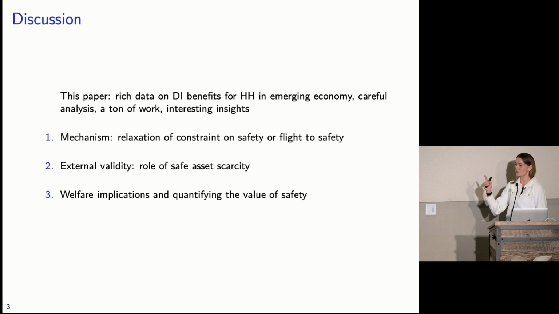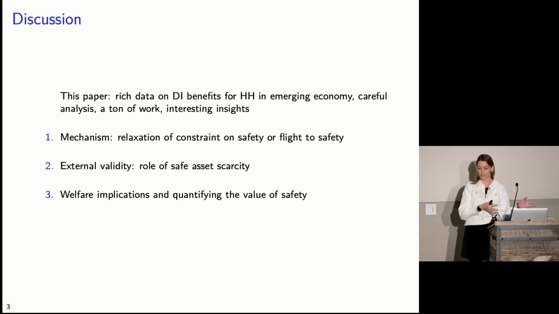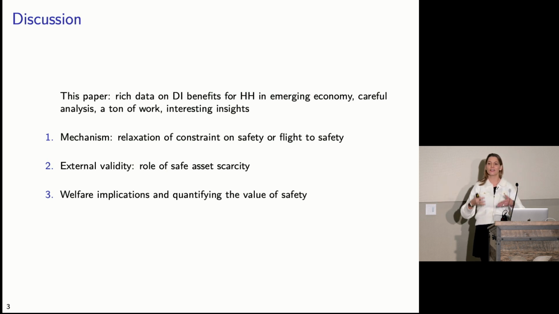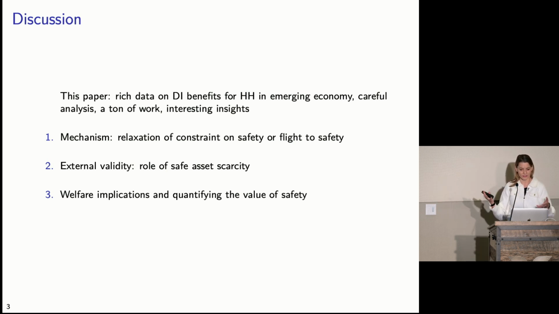The first, the mechanism: is it really what we see in the data? This shift out of the SOEs or the equity into deposits. Is this a relaxation really of the safety-seeking investor constraint through the deposit insurance limit? Or is this a flight to safety, given that there was also in 2020, February and March, the COVID pandemic globally? Then, Nishant also said that there's lots of work they've done in the appendix to address external validity, but I think it's really important to discuss the role of the safe asset scarcity across economies.